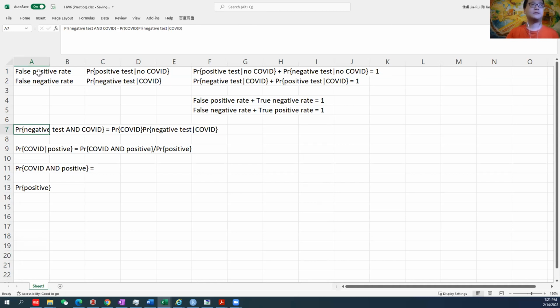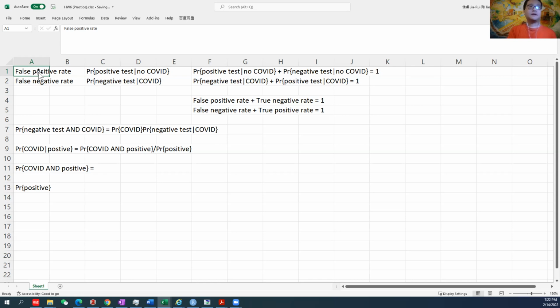So the correct way of interpreting a false positive rate is: given a person who did not actually get infected with COVID, when he or she went to a test, he or she got a positive test.